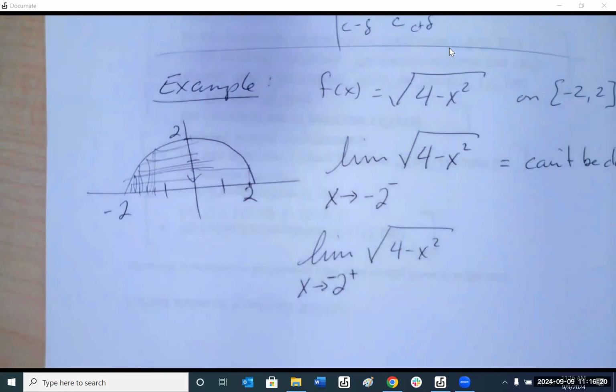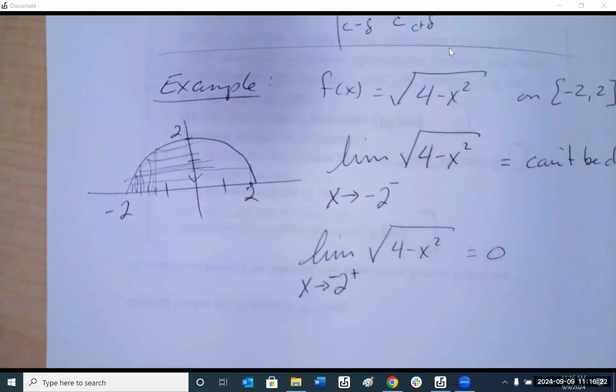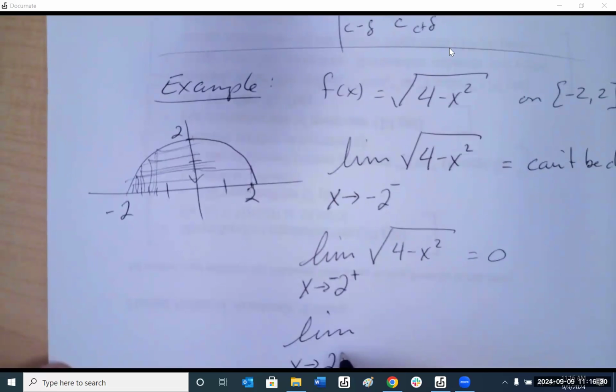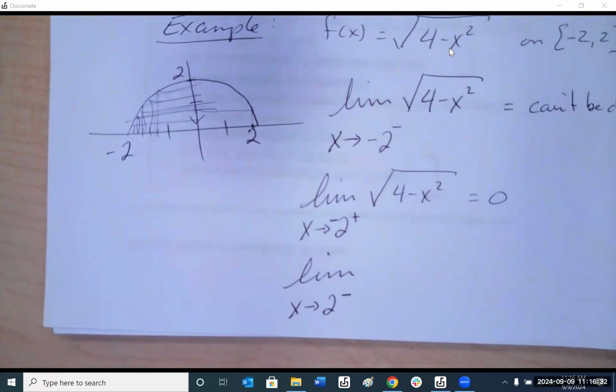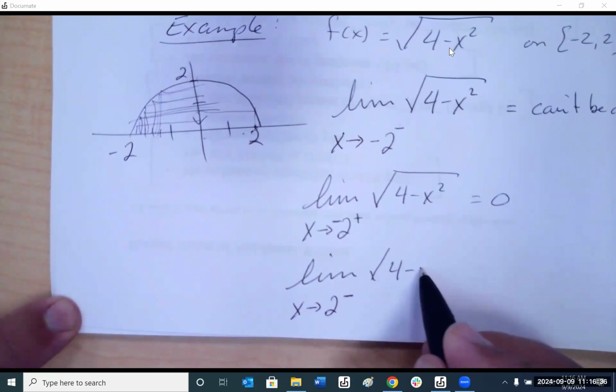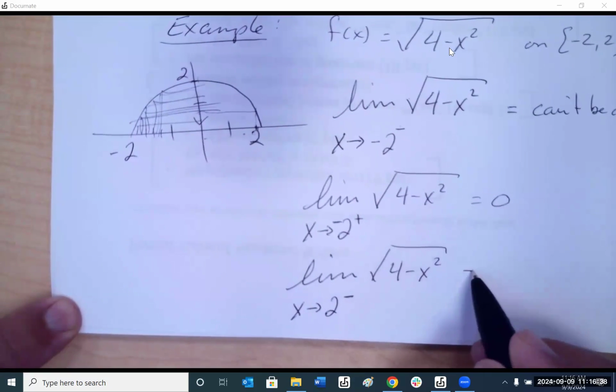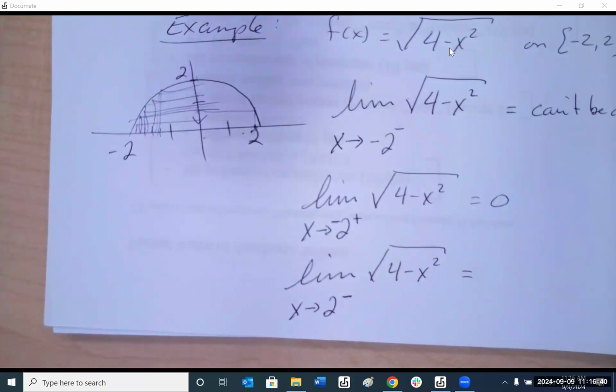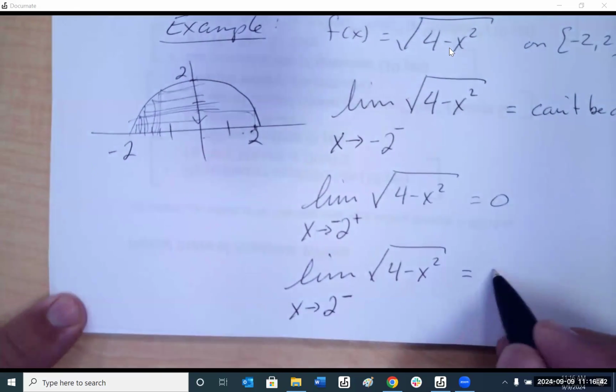They're going down to 0. And we do the same thing with the +2. We can only approach it from the left. And that's the same thing. It's approaching 0.